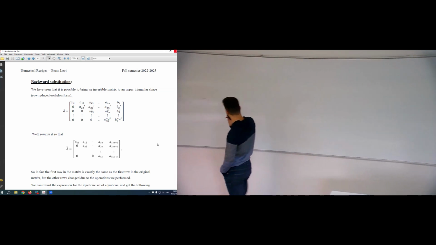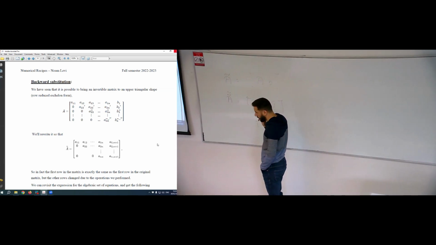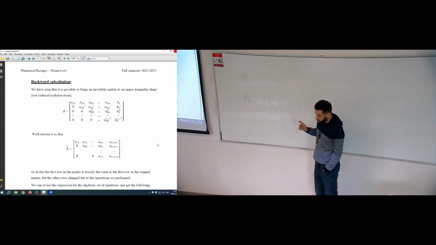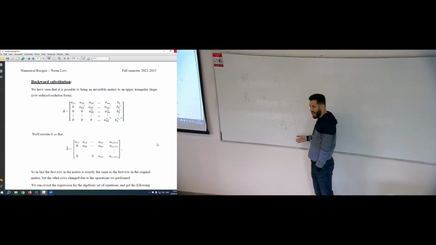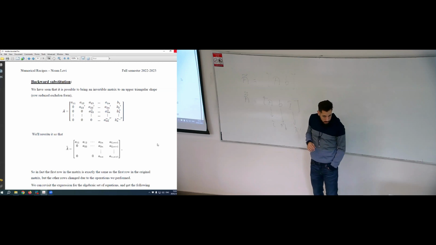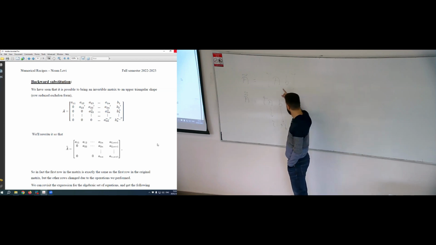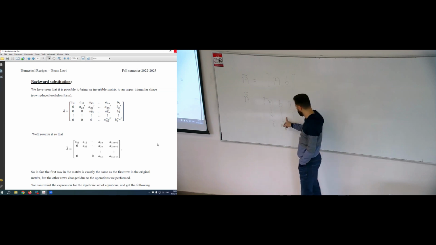And also, sometimes you find A minus 1, and after that, multiply it by b. So what's better, to find A minus 1 and after that multiply it by b, or to take this method, which means that we find A minus 1 immediately?